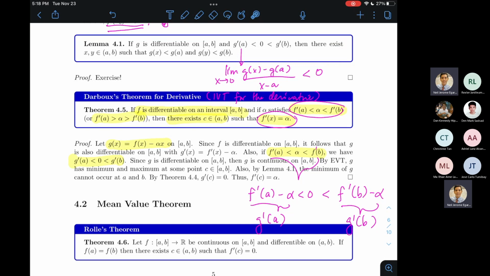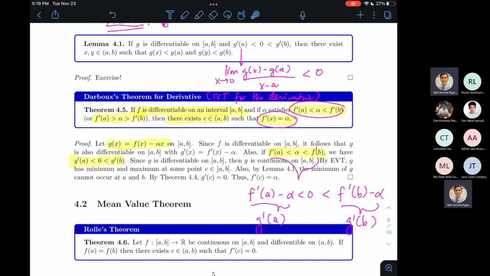Okay? Dahil hindi sila pwedeng maging absolute minima, therefore, there is some other point C on the interior of the closed interval AB at which G attains its minimum. Okay? So nagiging minimal si G sa isang number C sa loob ng interval AB, which is strictly greater than A and less than B.